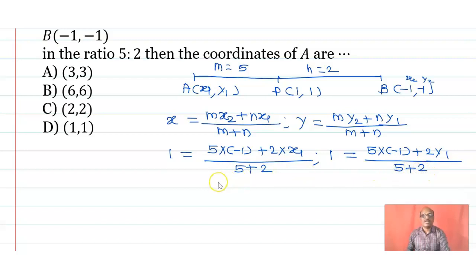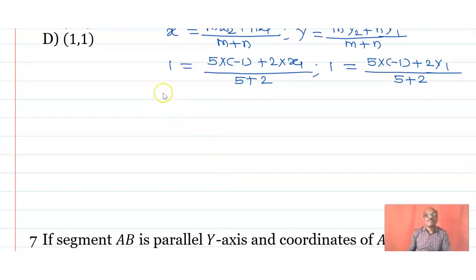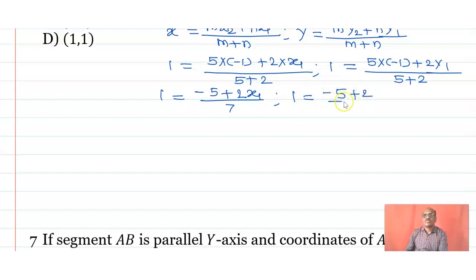Okay, now here that is 1, -5 plus 2x1 upon 7, and that is equals to इथे देखील किती येणार -5 plus 2x1, and here that is 1 into 7 म्हणजे किती झाले 7 is equals to -5 plus 2x1.